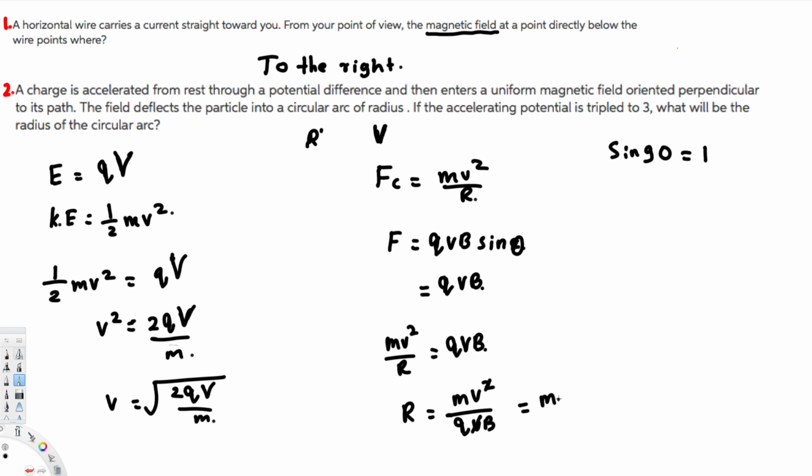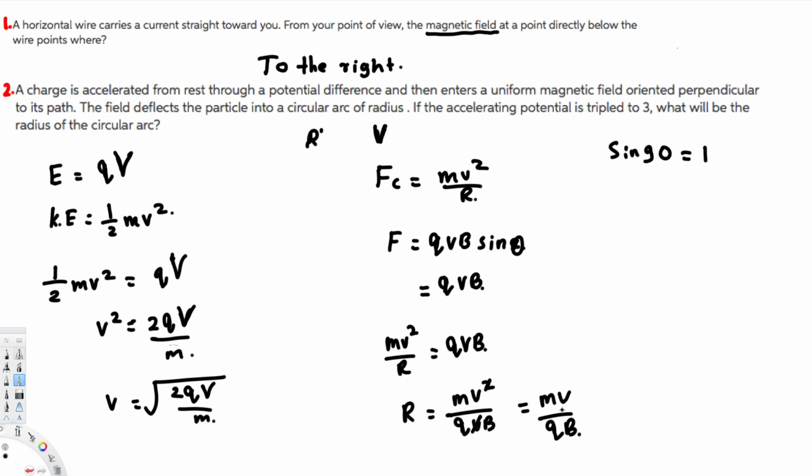We are left with r equals mv over qB. This v is velocity, but we are trying to find the relationship between radius and potential difference. We want the proportionality.